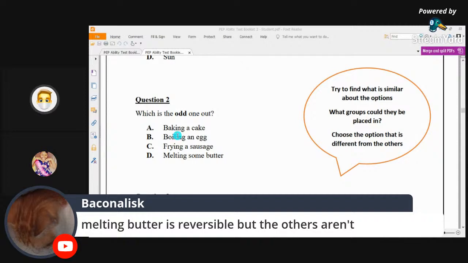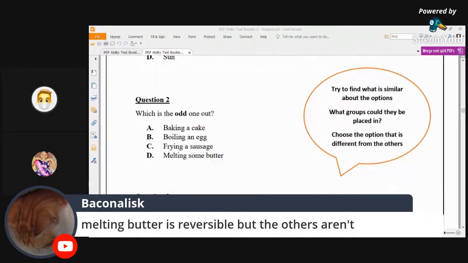Before, the egg was runny and soft. After I boil the egg, there's nothing I can do to make it runny again. Frying a sausage, it won't go back to what it was like before. But if I melt some butter and put it back in the fridge, for example, it can go back to the way it was before.